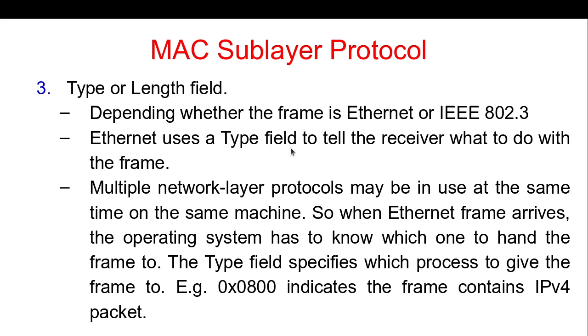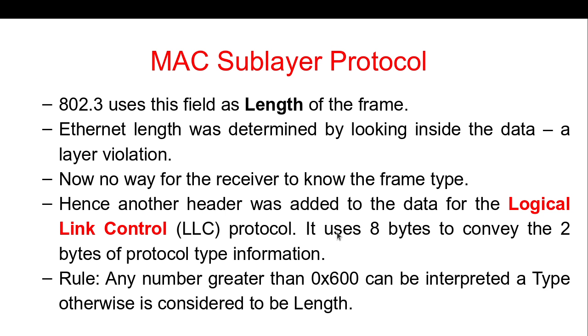Here, 8 bytes will be used to convey the value of 2 bytes of type. A basic rule to differentiate between length and type is that if the number in that 2-byte field is greater than hexadecimal 600, it is interpreted as type, and if it is less than 600, it is interpreted as length.